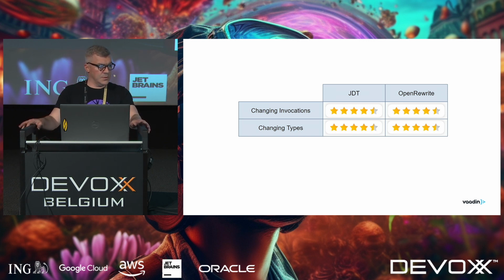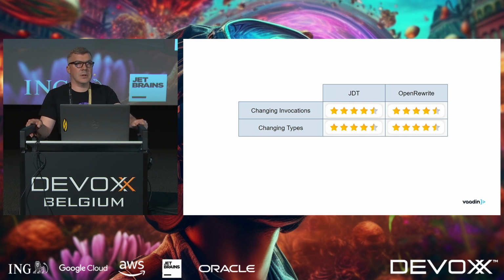I think it's easier in JDT to, for example, actually find the jar in which the resolver is finding the declaring class.